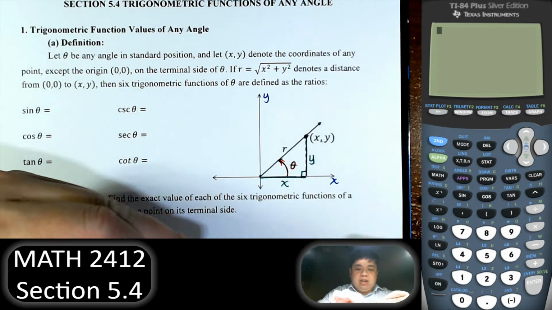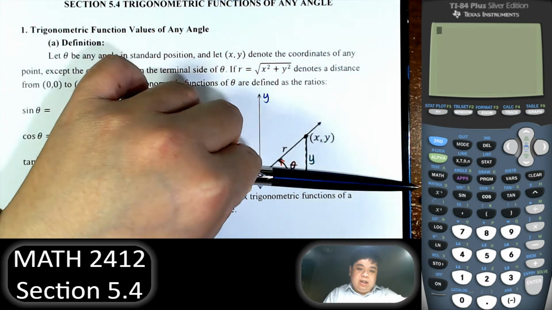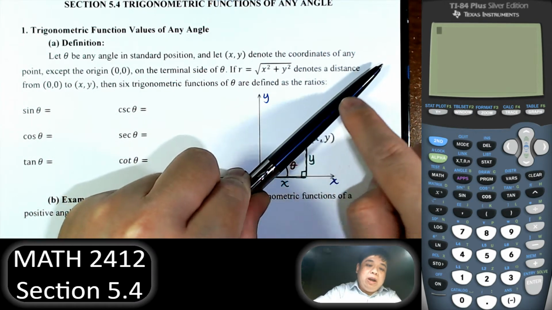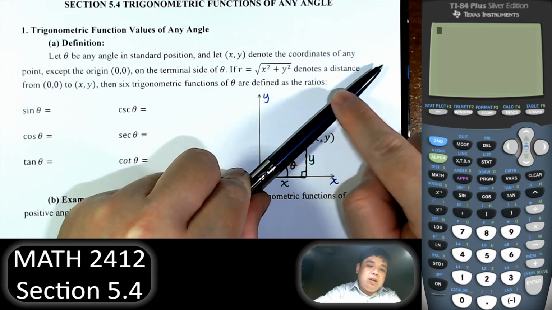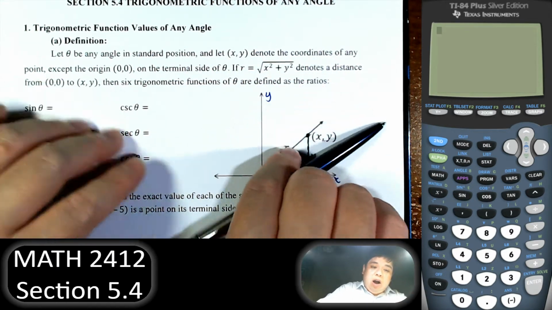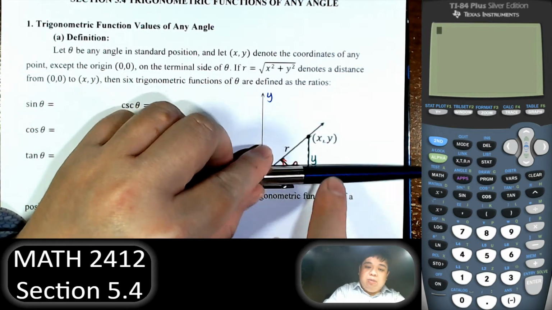So what we have is an initial ray, and we rotate that. After that, we will pick any point. So let (x, y) be any point on the terminal ray.